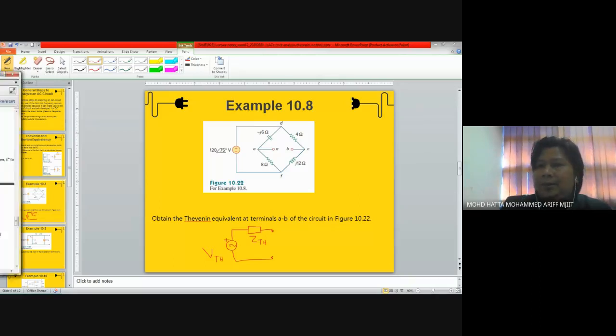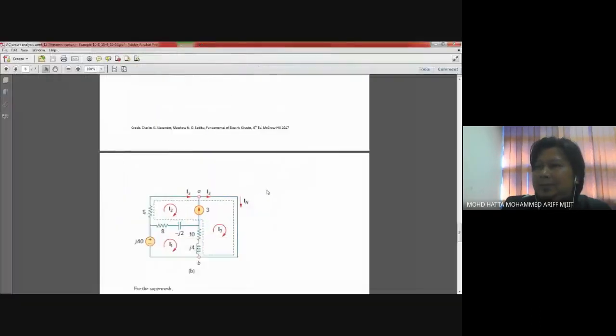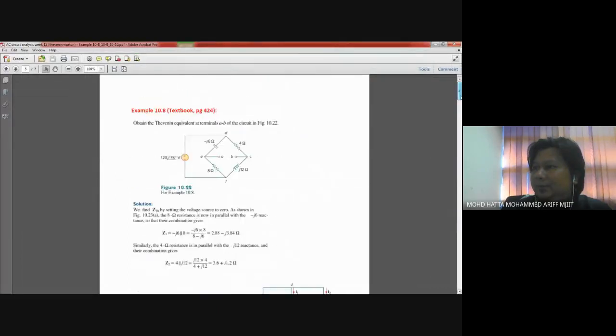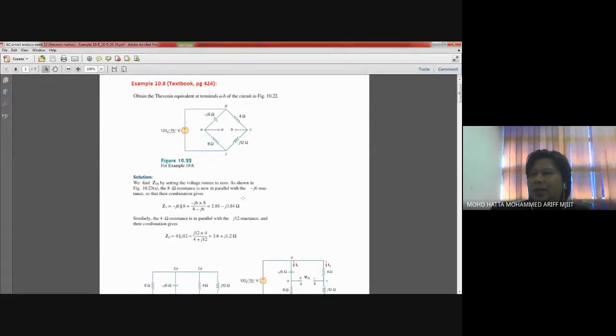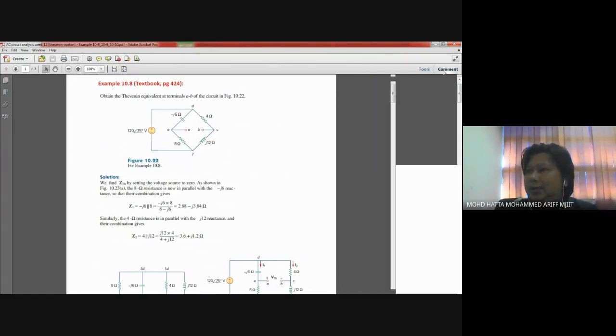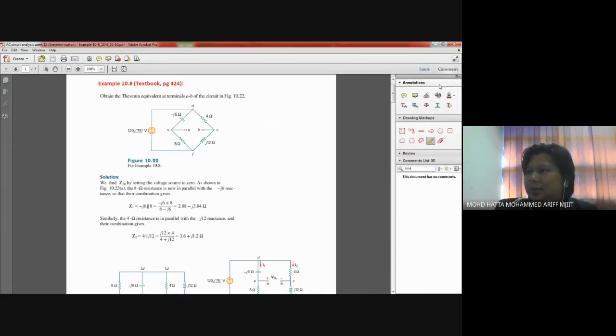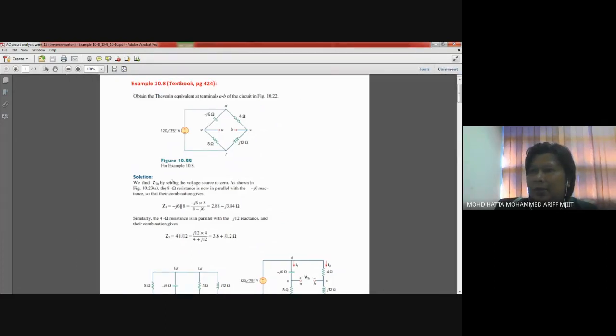All right, here's the solution. Of course, our main target is to get VTH and ZTH values and arrange those two elements in series. Looking at the question, the first one is that we try to get ZTH.